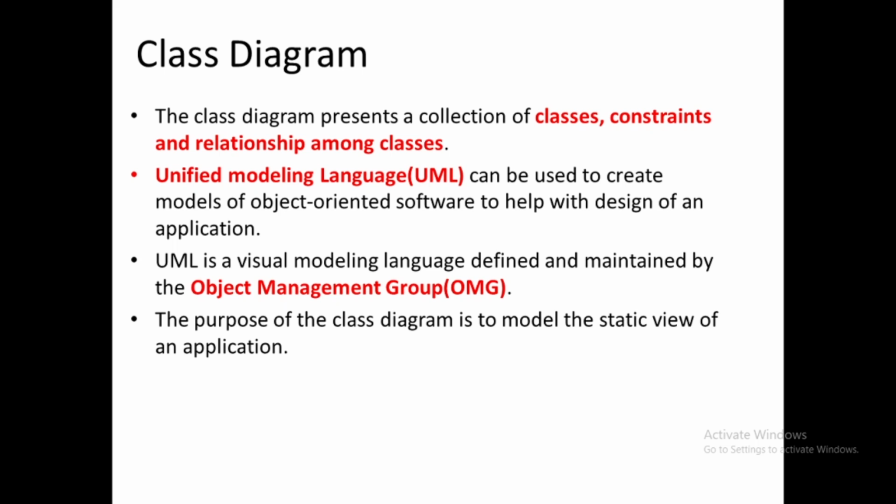These two full forms you have to remember. UML means Unified Modeling Language, and OMG means Object Management Group. The purpose of the class diagram is to model the static view of an application. So we can come to know the entire software, which classes we have used.